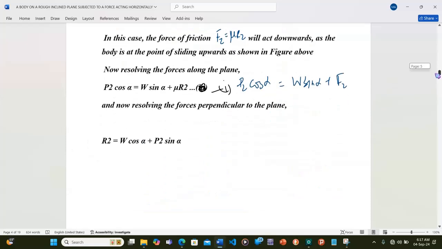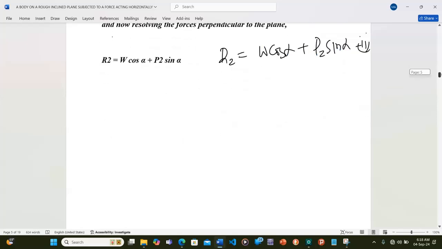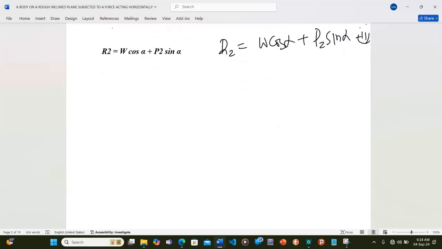So we'll have R2 equal to W cos alpha plus P2 sine alpha, because both are facing downwards. Those are the two equations that we need to solve to get the value of P2.